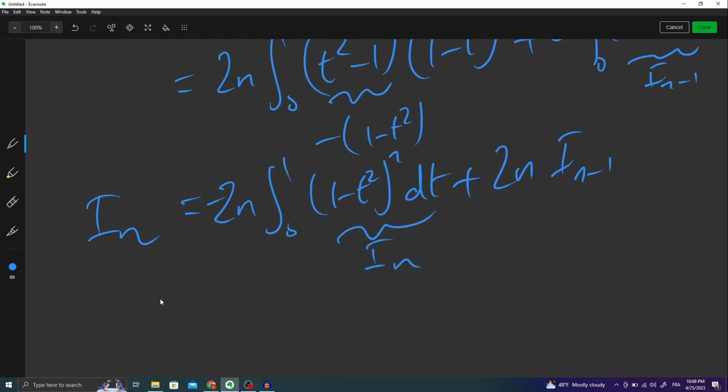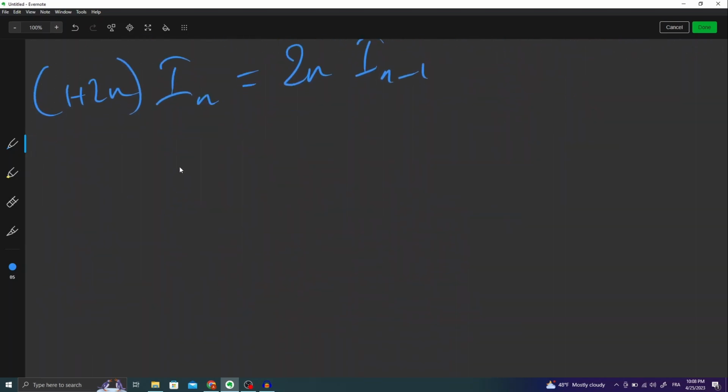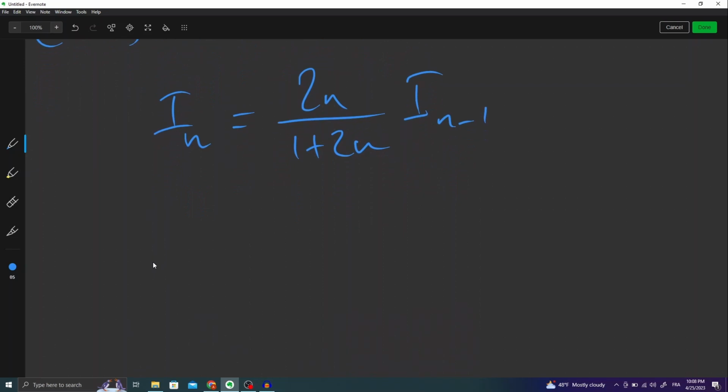So we can figure out that I_n times (1 plus 2n) equals 2n I_n minus 1, right? So from here, you can say that I_n equals 2n over 1 plus 2n times I_n minus 1. This is our recursive relationship.